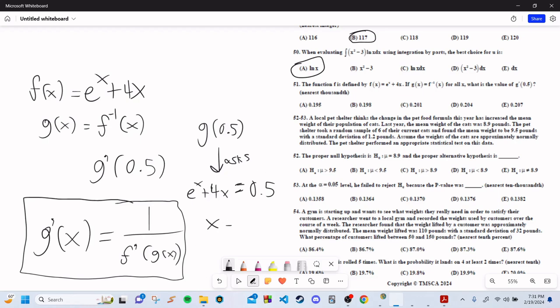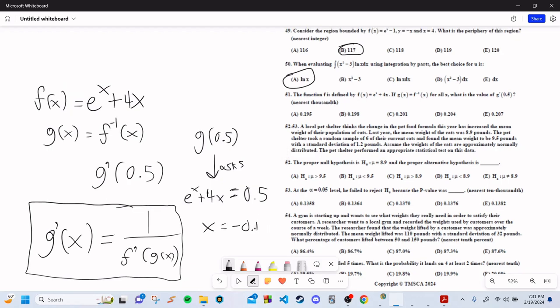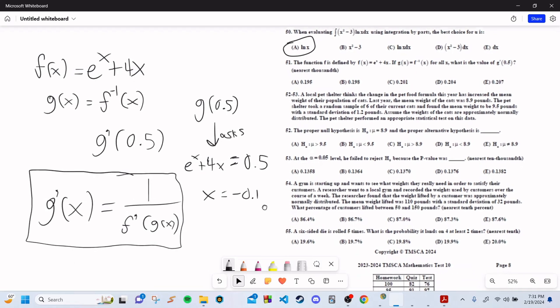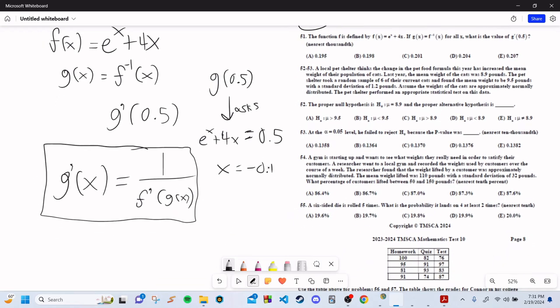And so I'll get x is equal to about negative 0.1. And so now what I can do is plug this into f prime of x. So I'm going to do 1 over f prime of negative 0.1, and that will get me my derivative of g of x at 0.5.